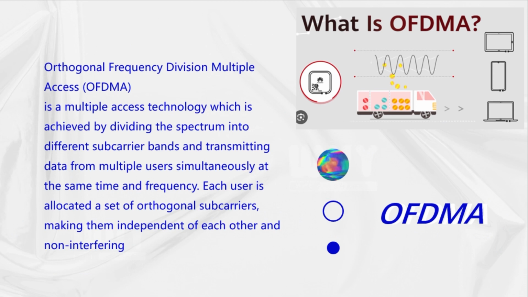I think it's a multiple access technology that works by dividing the spectrum into different sub-carrier bands and transmitting data from multiple users simultaneously at the same time and frequency. Each user is allocated a set of orthogonal sub-carriers, making them independent of each other with no interference.